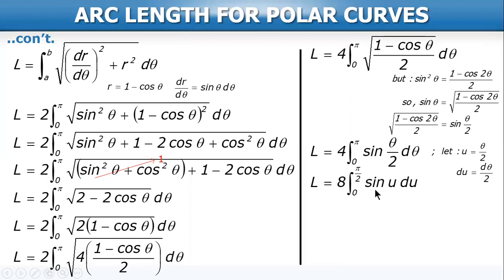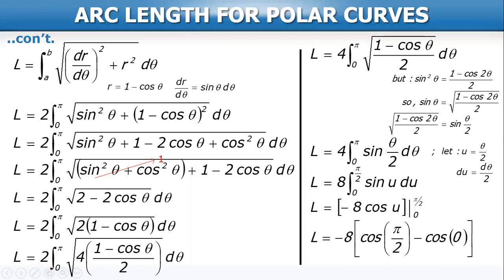What's the integral of sine u? It's negative cosine. So the result is negative 8 cosine u from 0 to pi over 2. And then we evaluate the limits. Cosine of pi over 2 is 0. Cosine of 0 is 1. So negative 8 times negative 1, the length is equal to 8.